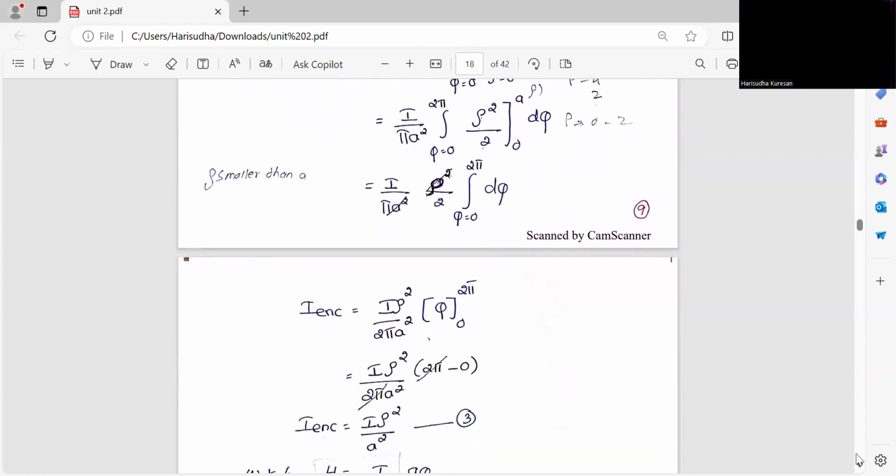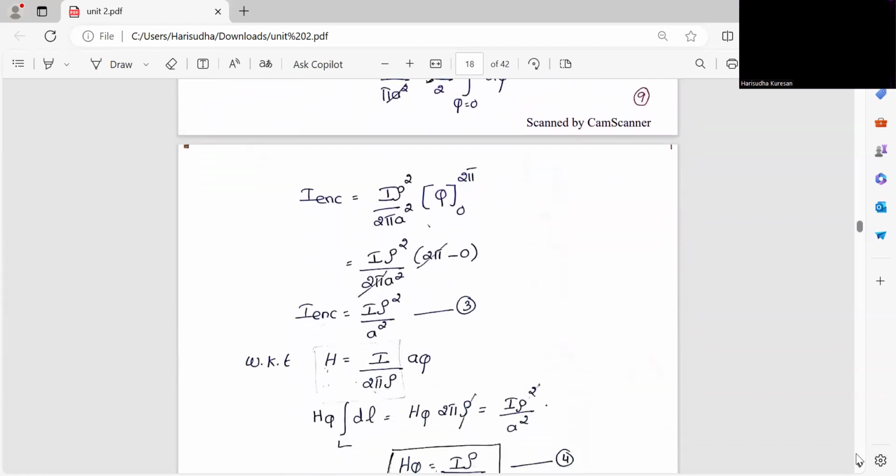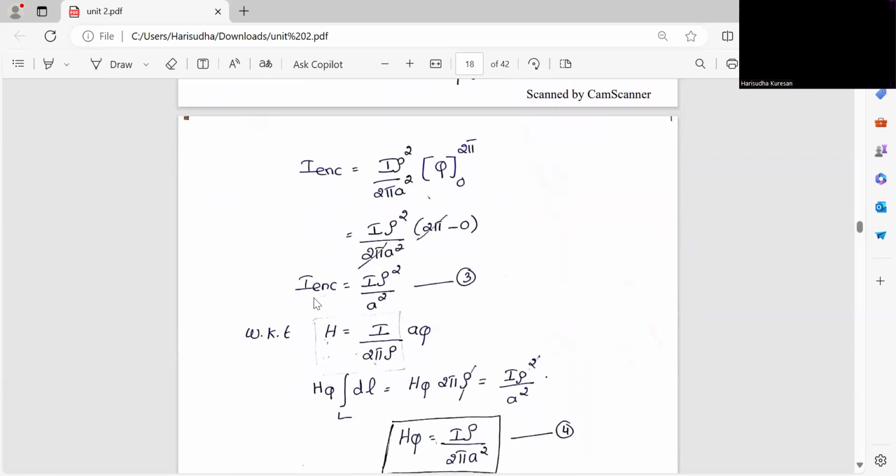Then you substitute the values of rho and phi, and you will get the enclosed current equal to I rho square divided by a square. Rho square as it is, I have retained. Actually for rho I could change it to a, so I want to make clear: rho is the radius from the center of the circle to a particular point, and a is the radius of the specific region.